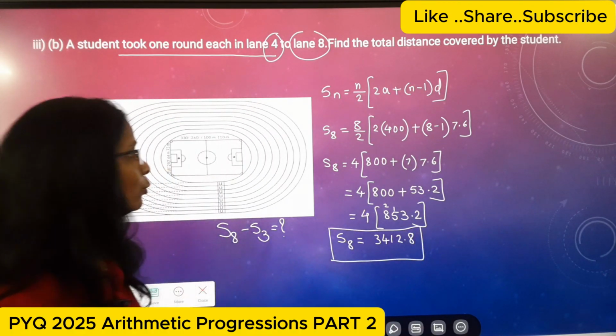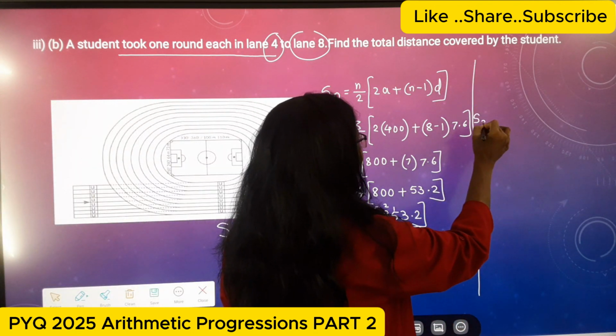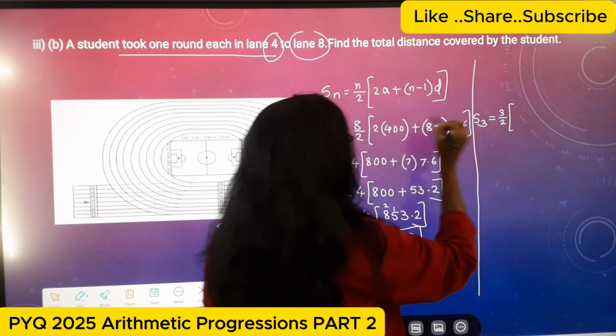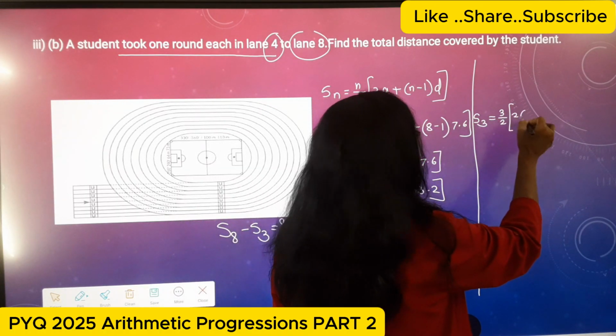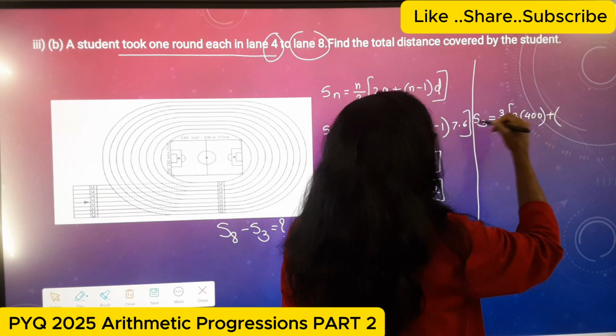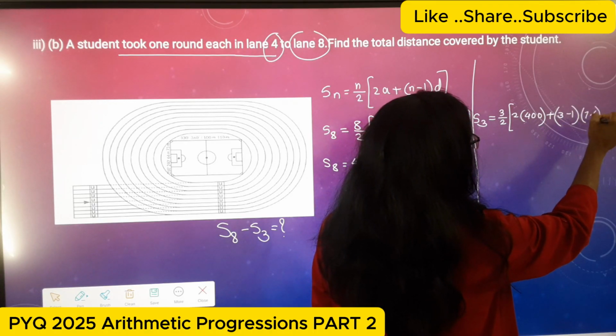Then calculate S3. S3 is equal to 3 upon 2, then 2 multiply 400 plus (3 minus 1) 7.6.